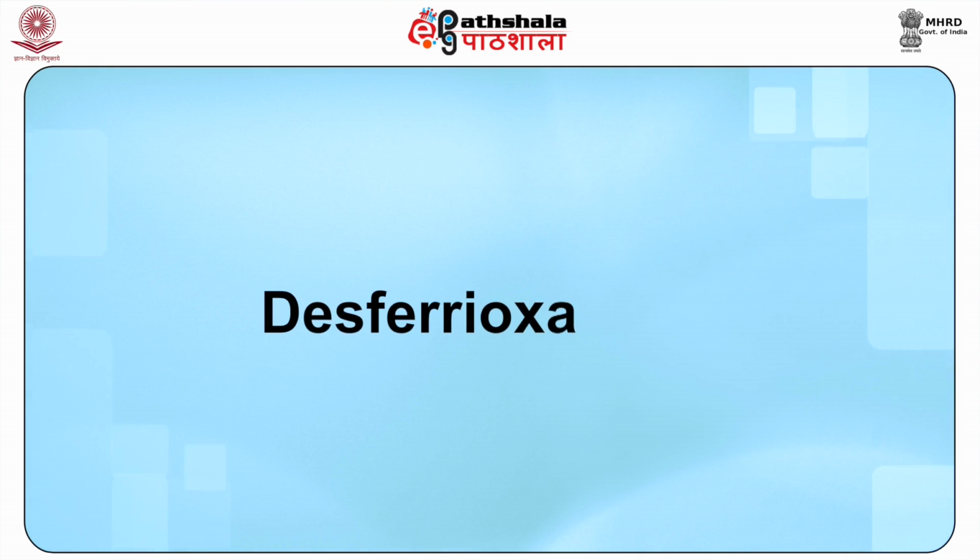Now, next is desferrioxamine. Desferrioxamine is a water-soluble compound that has a great affinity for ferric iron. This acts as a chelating agent against iron intoxication, especially in case of acute poisoning, through its role in accelerating removal of iron from the body in case of hemochromatosis.